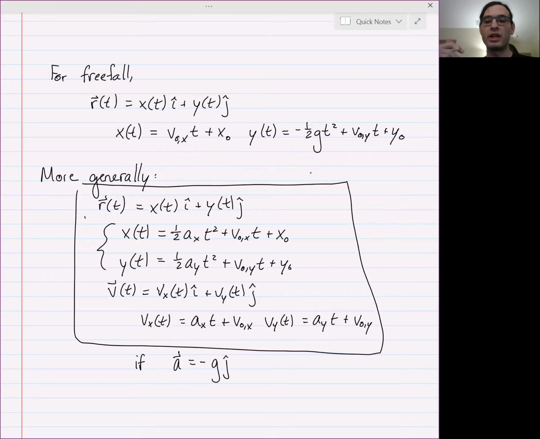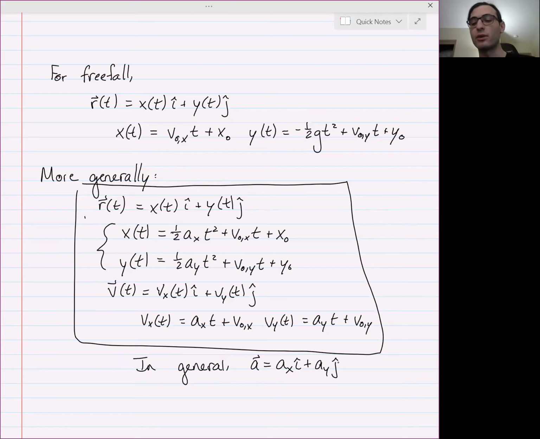So notice that here there is a 1/2 ax t squared. In the equations I gave you before, that term wasn't there because in the standard coordinate system, there is no x component to the gravitational acceleration downward. But in general, the acceleration vector is ax in the i hat direction plus ay in the j hat direction.